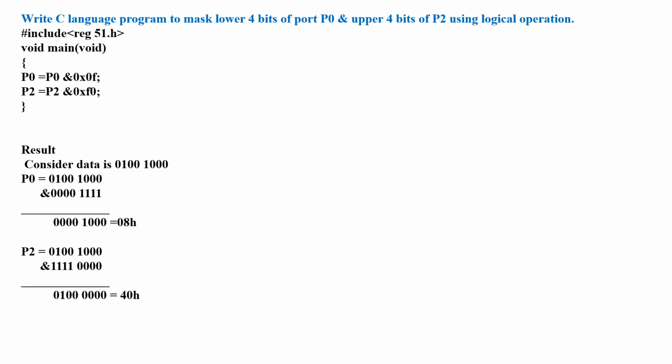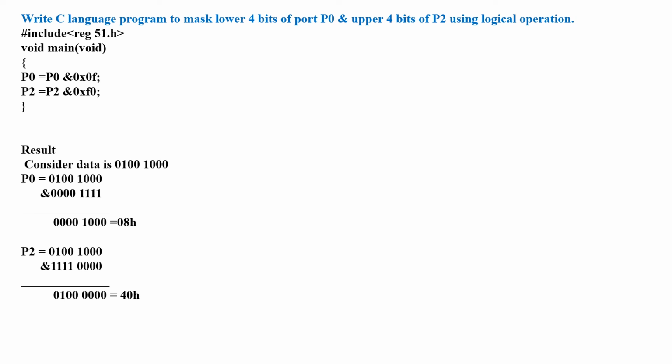Now the first operation is masking the lower 4 bits. So P0 is equal to 48 AND with the mask 0 0 0 0 1 1 1 1. So we have to mask the lower 4 bits, and we put this value as 1 1 1 1.